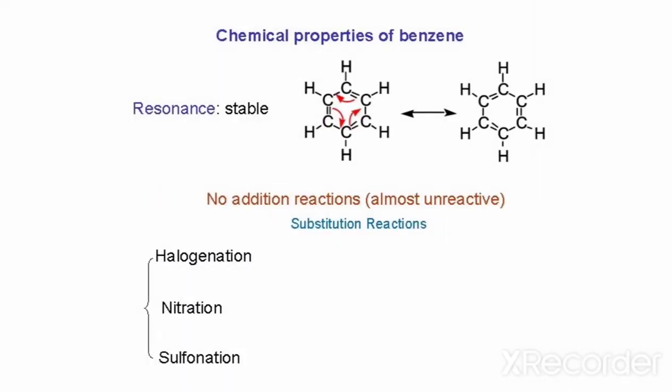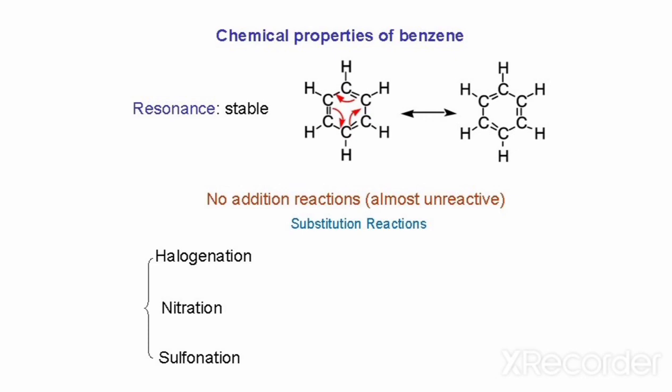The other is the chemical properties of benzene. They can resonate their pi bonds, and their resonance structures are stable, so they do not give addition reactions because they are unreactive in addition reactions.